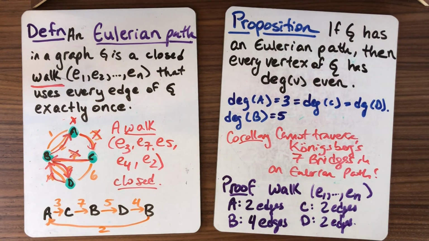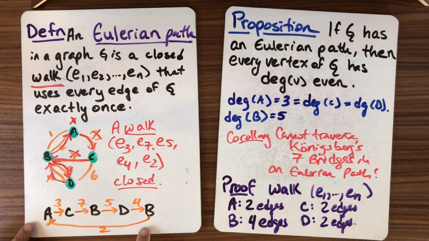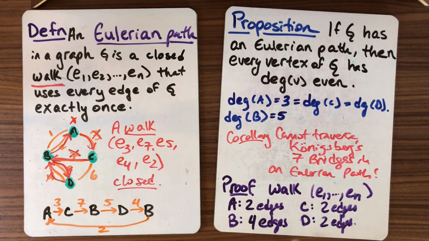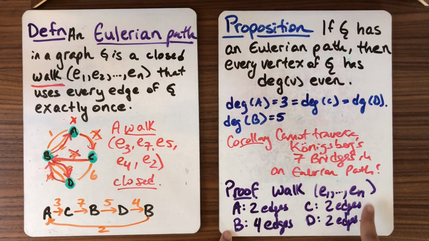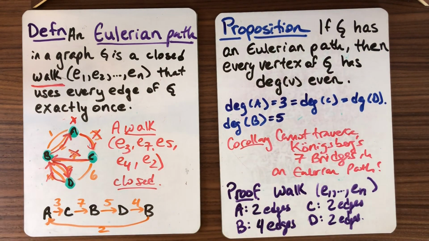That's actually how we're going to prove this theorem. Just by looking at this example and thinking about, when I have a walk, what's the degree within the walk? If I just took the edges of the walk, what's my degree? When it's a closed walk, it's always going to be even for every vertex. When it's a path, we've already used up all the edges, and that's what tells us we can't get a path. So let's write that down rigorously.